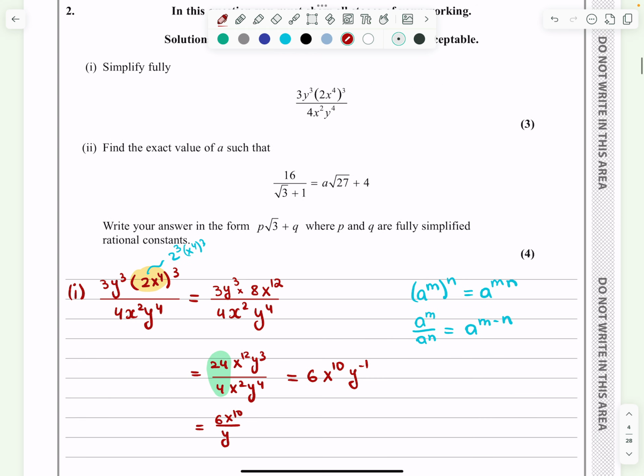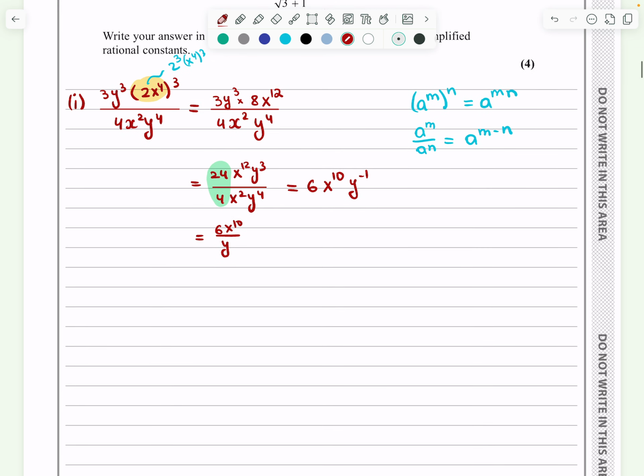And then part 2: find the exact value of a such that 16 divided by (square root of 3 plus 1) equals a square root of 27 plus 4.